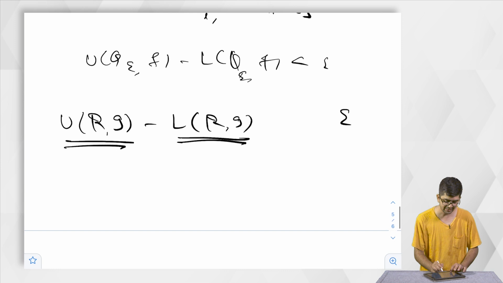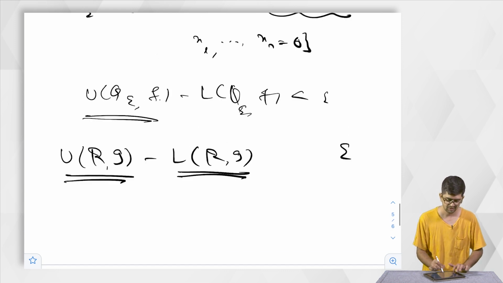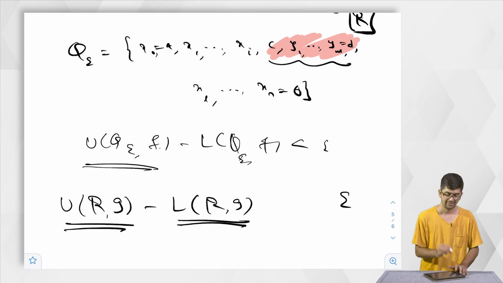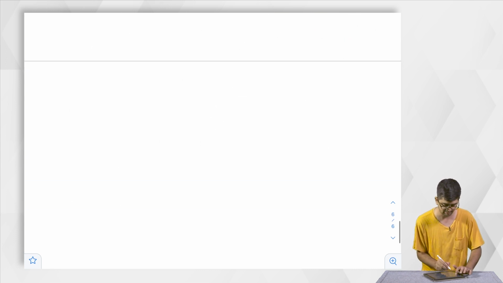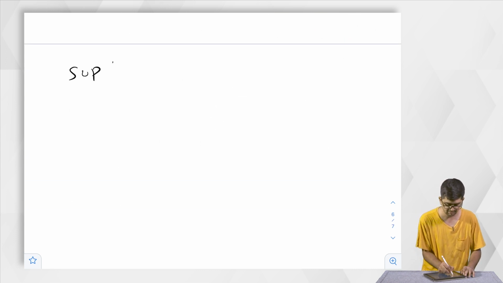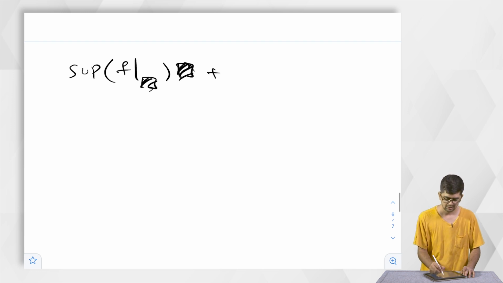Observe, how do you write down U(Q_epsilon, f) - L(Q_epsilon, f)? F restricted to this interval, take the supremum and then multiply by the length of this interval. Let me write down the first few elements: supremum of f restricted to some interval times the length of that interval, plus again supremum, and so on.